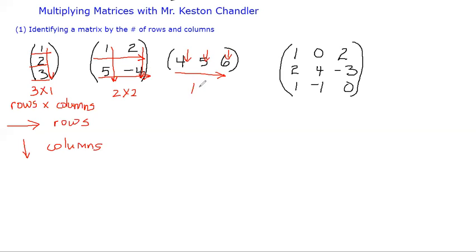So this is one row by three columns, because remember, we write the number of rows by the number of columns. And what about this one? We have one row, two rows, three rows, one column, two columns, three columns. So this is a three by three matrix.